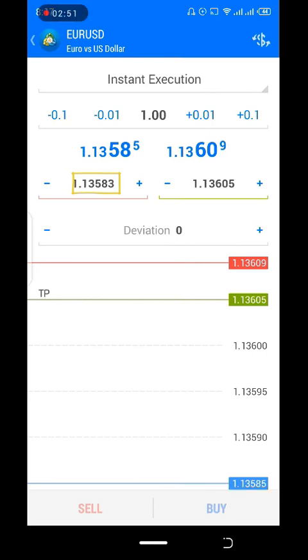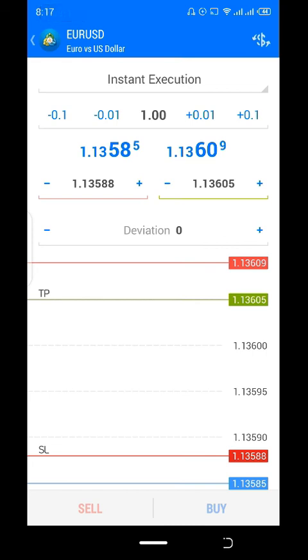This is where money management comes in. Now this is my stop loss, this is my take profit. Understand? So if price moves $10 against my trade, where I execute my trade, I'm gonna lose $10.